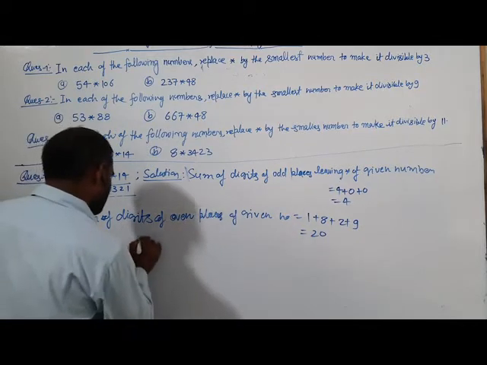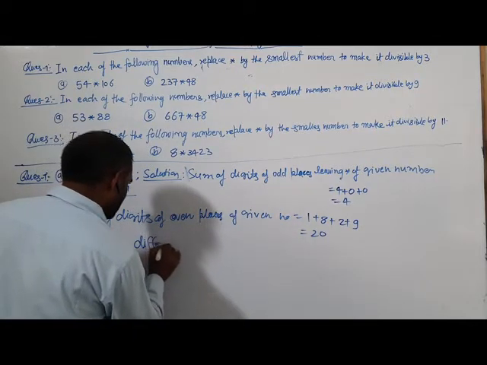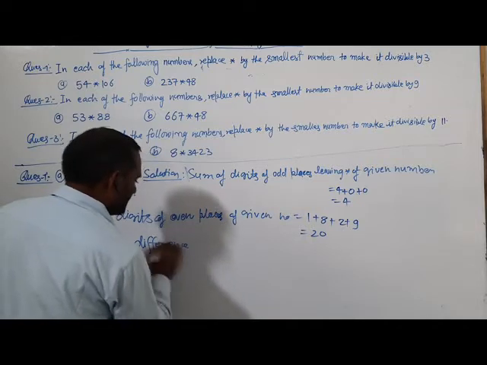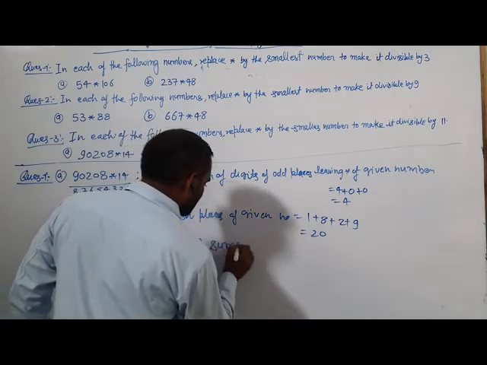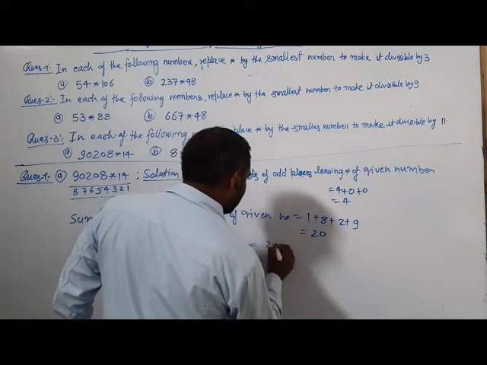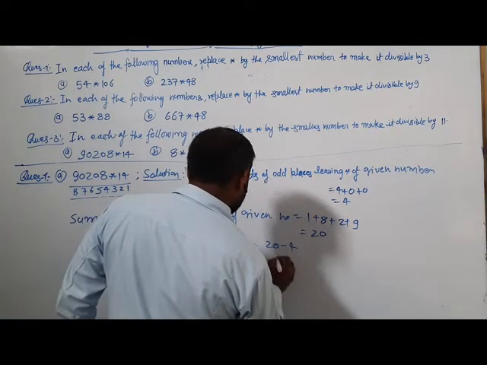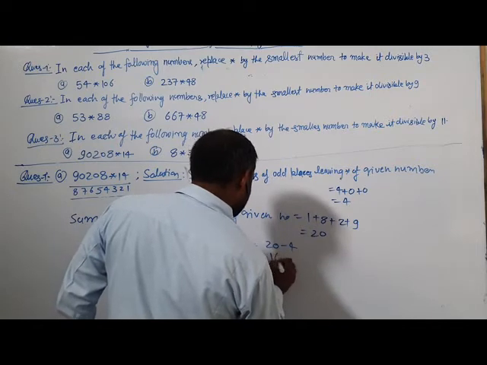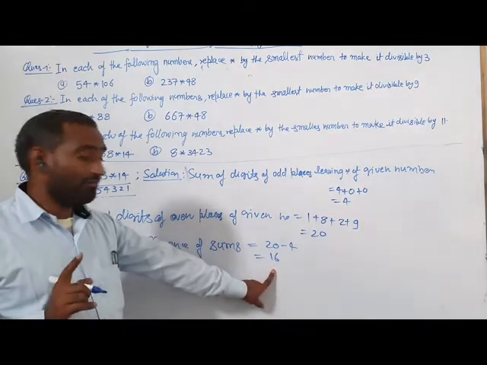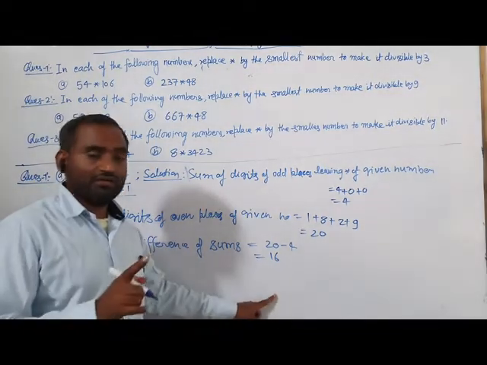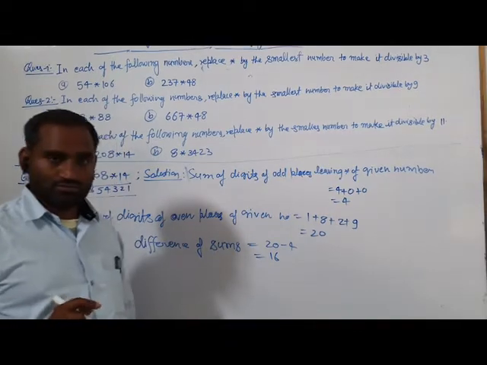The difference of sums is equal to 20 minus 4, which is 16. And 16 is not a multiple of 11, and not 0.